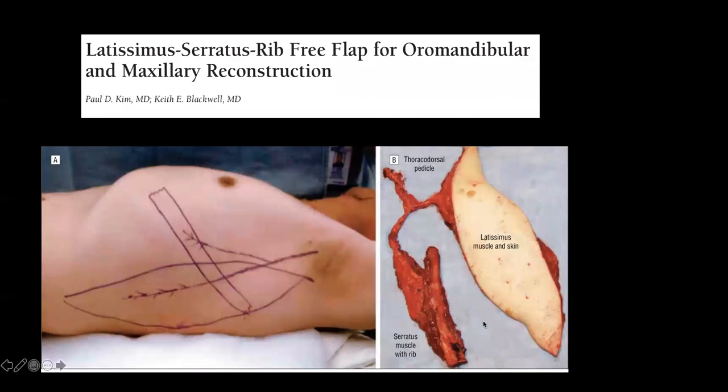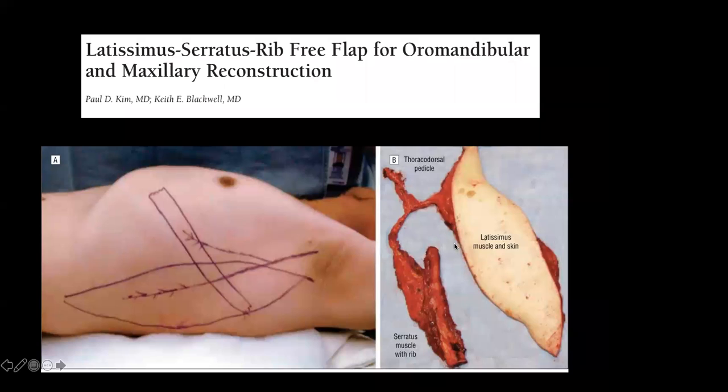Another flap, probably in the interest of knowing what can be harvested from the thoracodorsal pedicle, is the serratus anterior rib flap. Now, the serratus anterior attaches to the ribs, and the branch of the serratus anterior comes from the thoracodorsal artery.